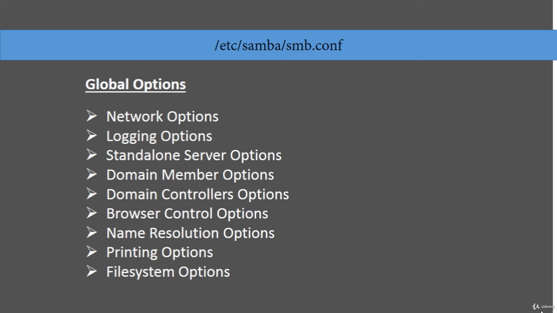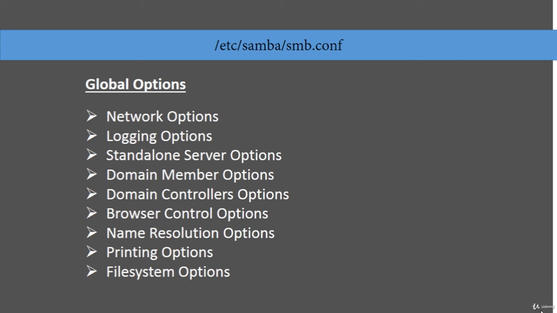Browser control options: browser control gives you a visual of what your network looks like. When we talk about browser, it's not your Internet Explorer or Firefox. This is a network browser. Name resolution is NetBIOS configuration in Samba.